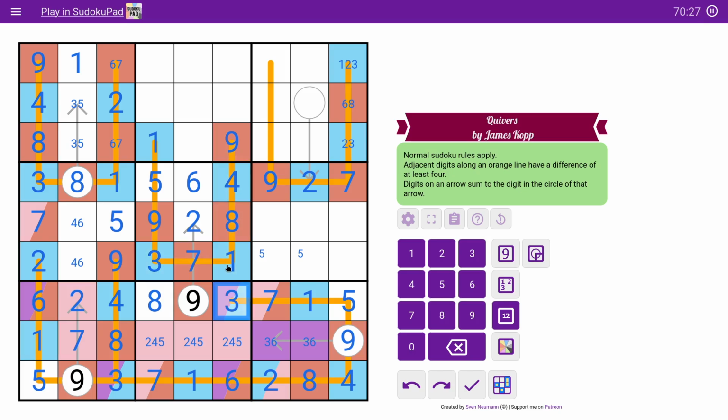I haven't broken any rules so far now that I have digits running all the way along. 5. I think I checked this one already. Okay. All is sane. Good.